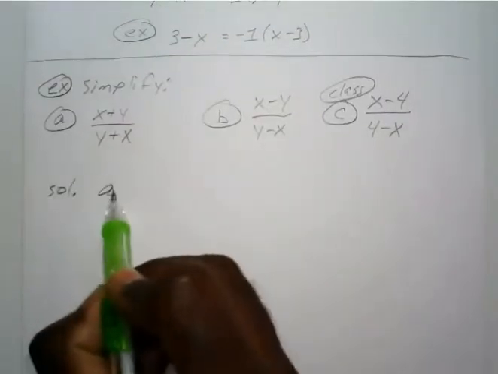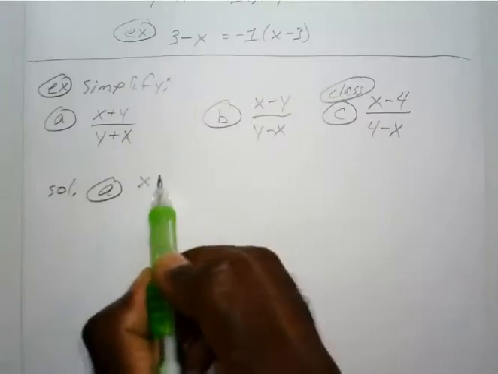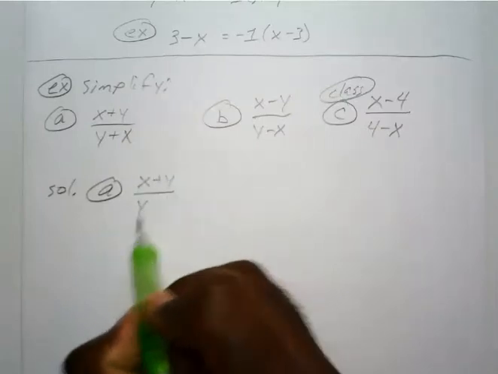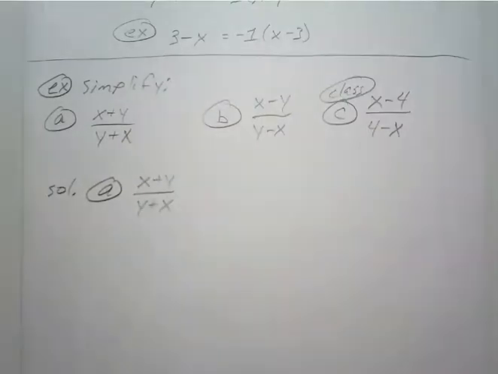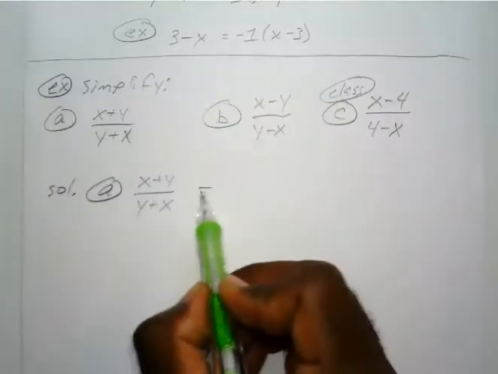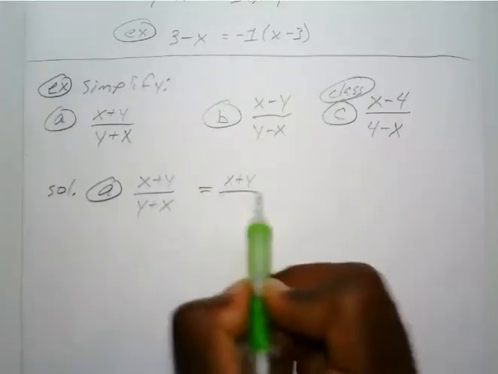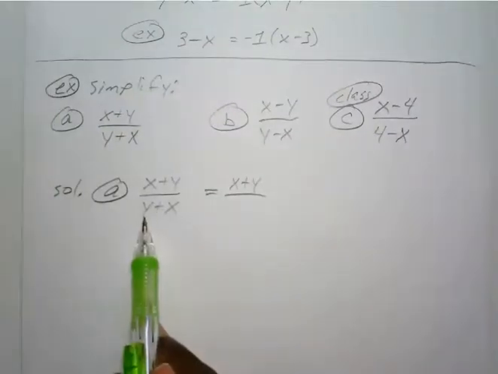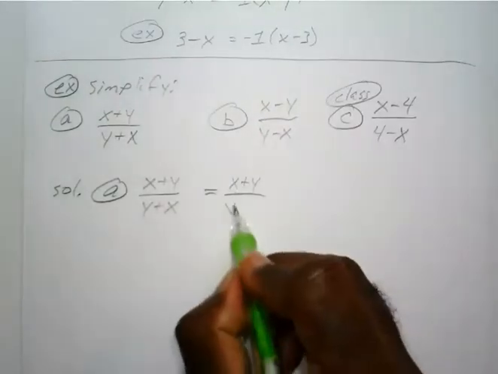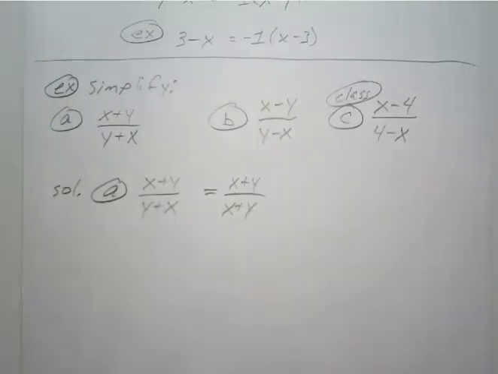For problem A, we have (x plus y) over (y plus x). We know that just equals 1. Addition is commutative, which means 2 plus 3 is the same as 3 plus 2. So y plus x is the same as x plus y.